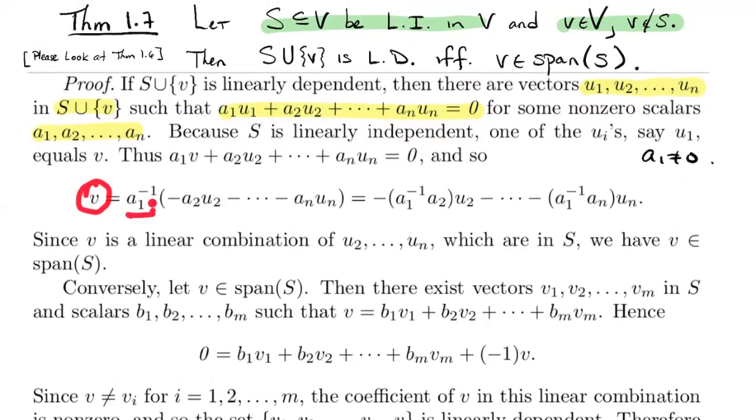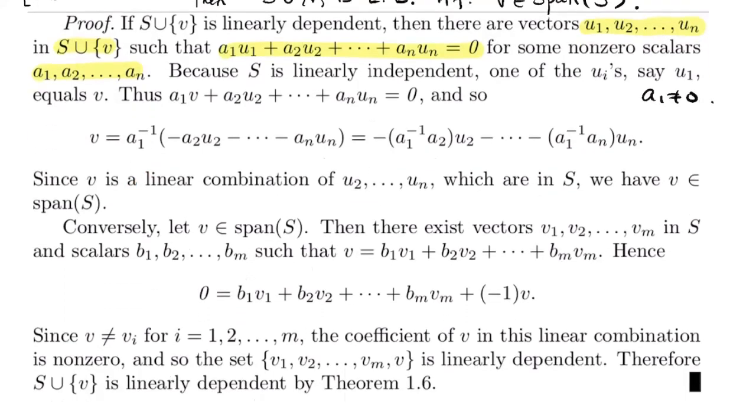Because you can divide by any non-zero element in a field. You can divide by non-zero real numbers, complex numbers, whatever field you like. So what is this? This is a linear combination of the other u's, right? And so if v is a linear combination of those other u's, which are all in S, then v has to be in the span of S by the definition of span. Nice. So there's half of it.